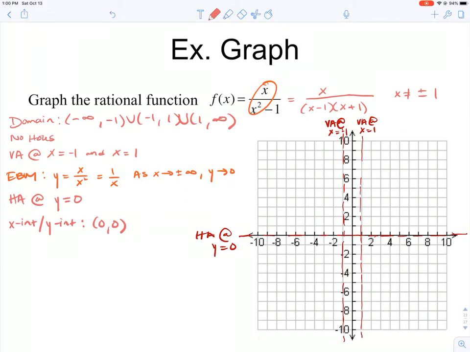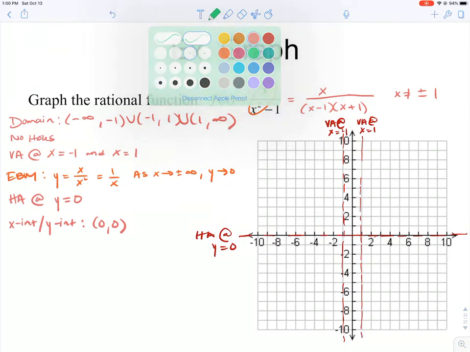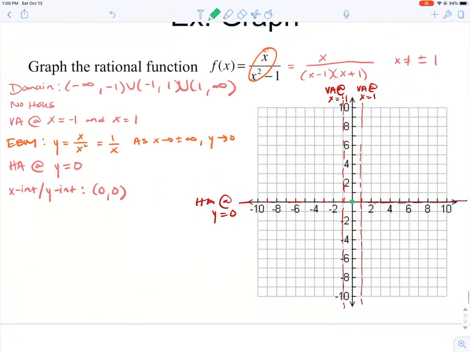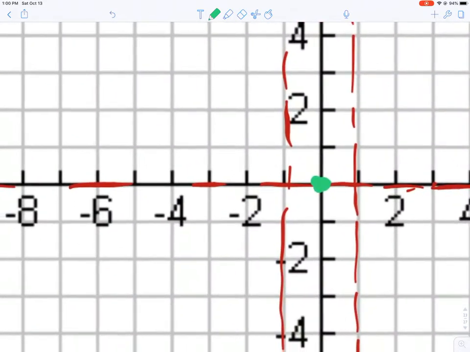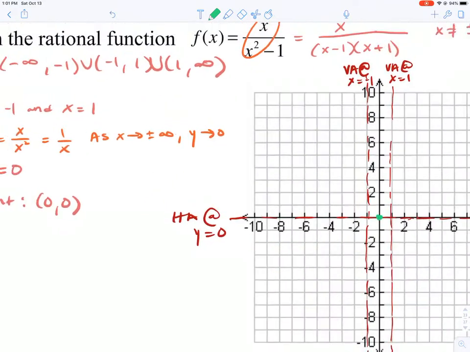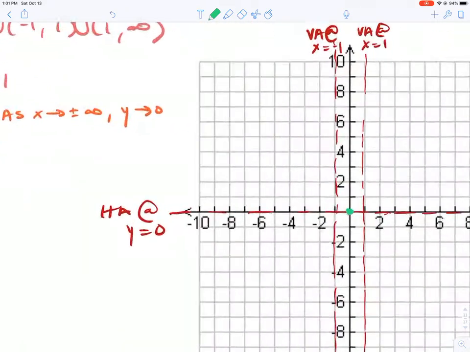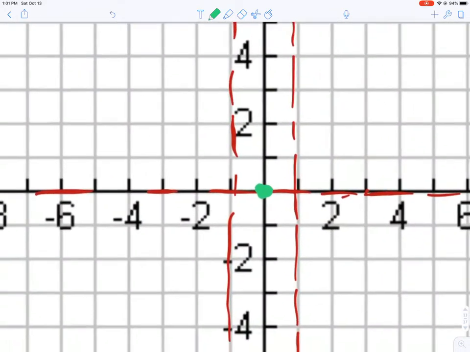Actually, I'm going to use a different color for the actual graph so we can see. Okay, so it looks like we're going to need to find additional points because we do not know what is happening with this graph except for that one point. So let's deal with the region in between these vertical asymptotes first.